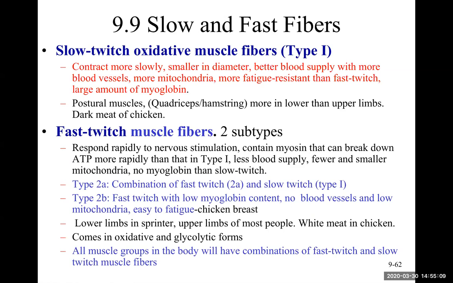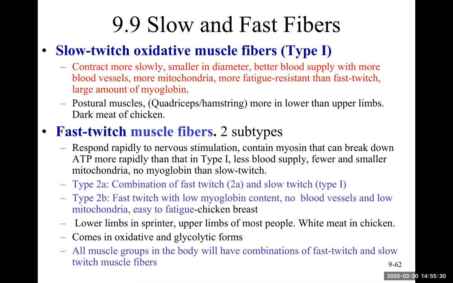So slow twitch allows you to contract for long periods of time, right? We find it in humans in our postural muscles, so you can stand for hours at a time, or sit for hours at a time. Also, we see it as part of the hamstrings and the quadriceps.